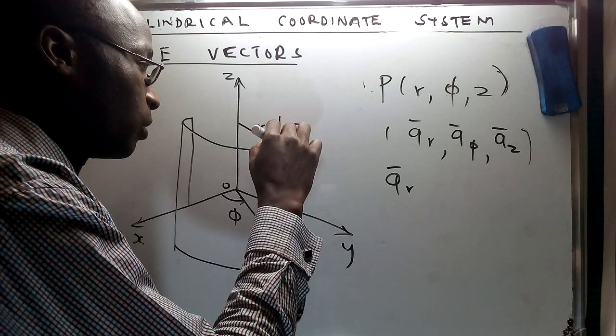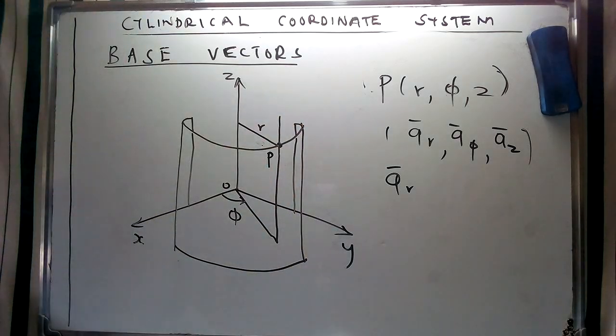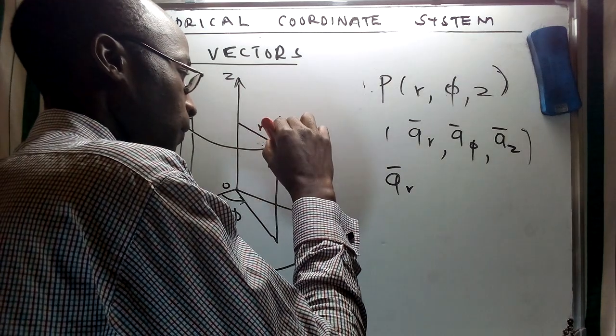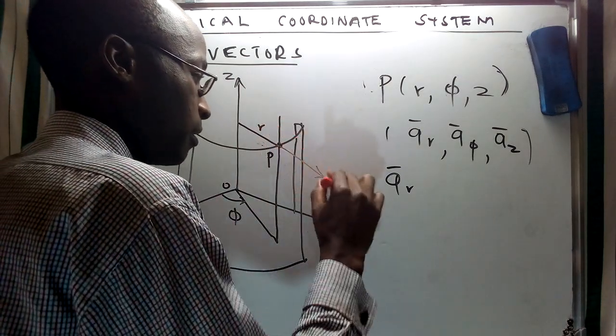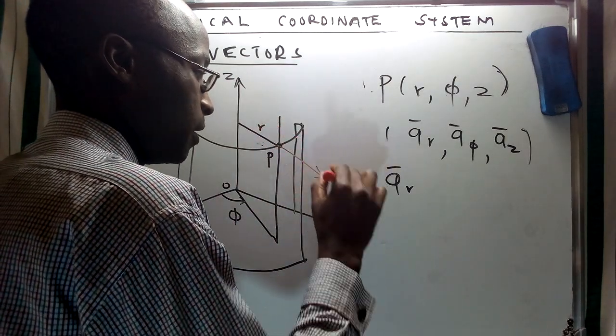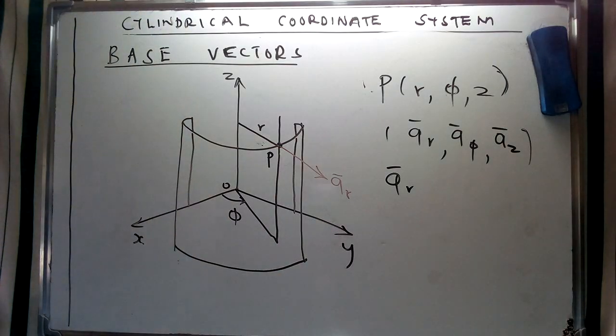This extension of r is going to be radially outward from the surface of this specific cylinder.